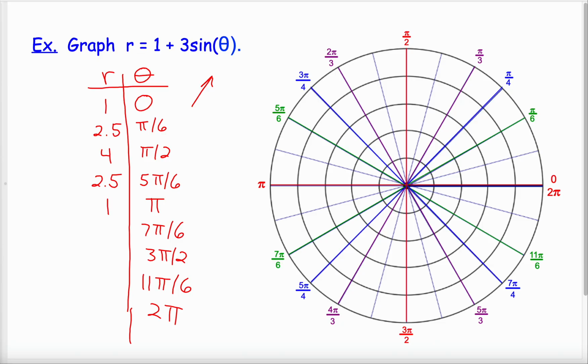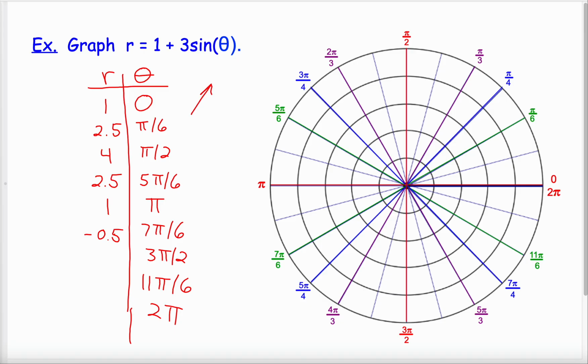Now, at 7 pi over 6, the sine is negative a half, times 3 is negative 3 halves, or negative 1.5. 1 plus negative 1.5 gives me a negative 0.5. Uh-oh. What is that going to mean? Remember how we graphed negative r's for a given angle? So we're going to do that in a minute.